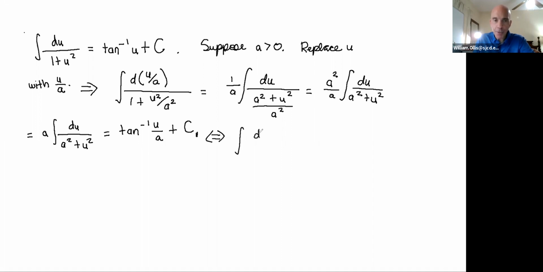So we get du over a squared plus u squared, and this gives us 1 over a. That's where the 1 over a is that we didn't see with the inverse sine form.